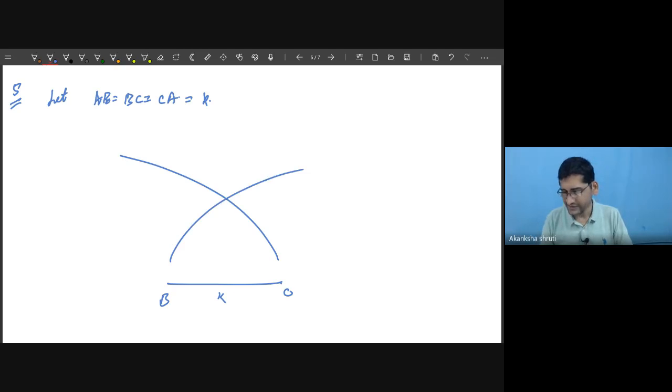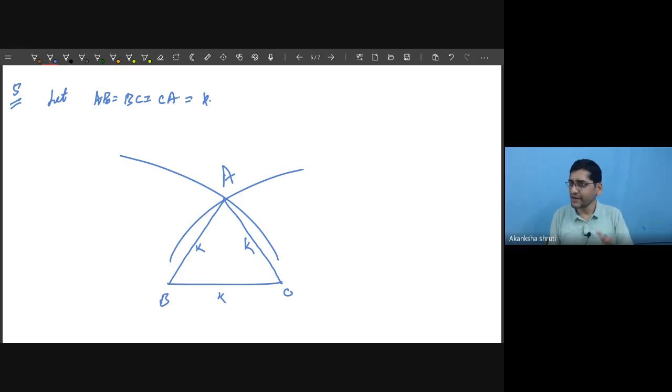You can get it cutting at this point, which is our A. In this case, this will be the equilateral triangle. We have to keep in mind the radius that we are taking is K. It is also K. So this way the equilateral triangle is formed.